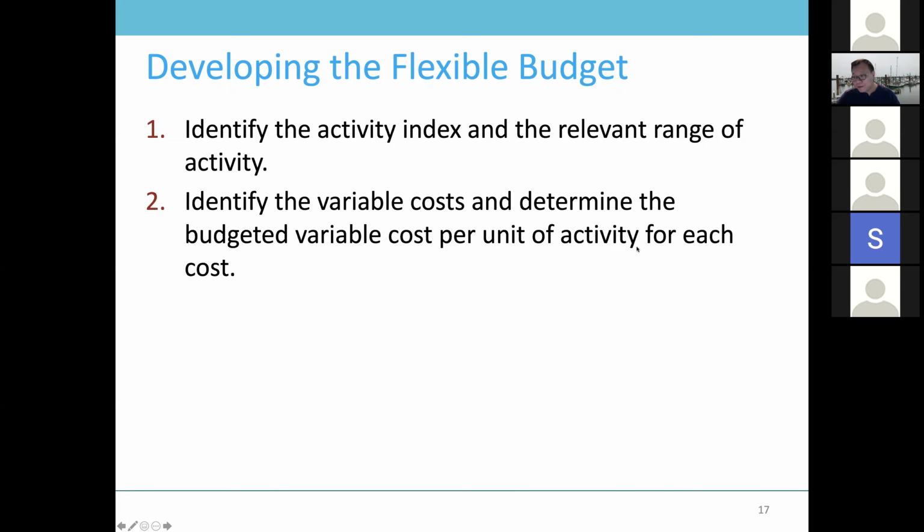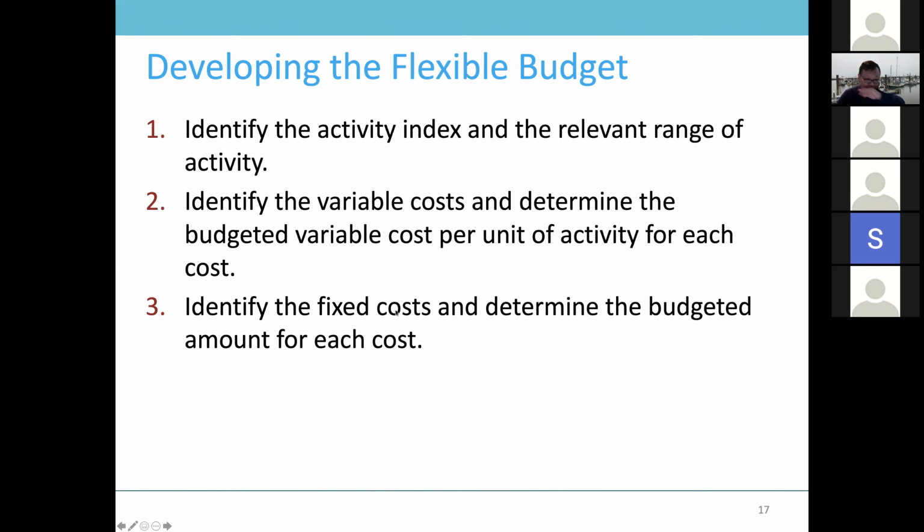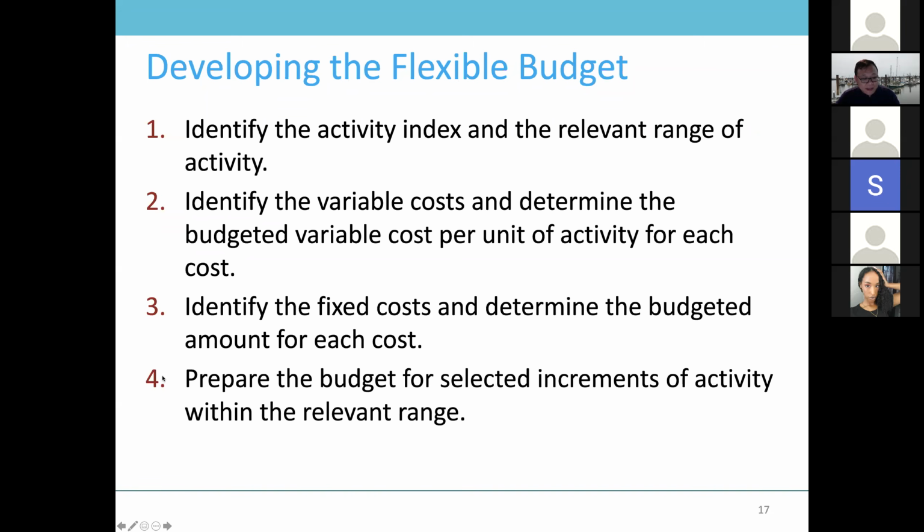That's the budgeted variable cost divided by the units. Third, you identify the fixed cost and determine the budgeted amount of the fixed cost.